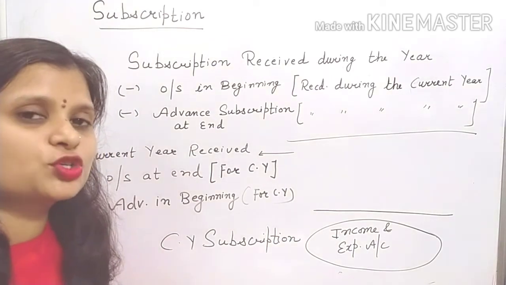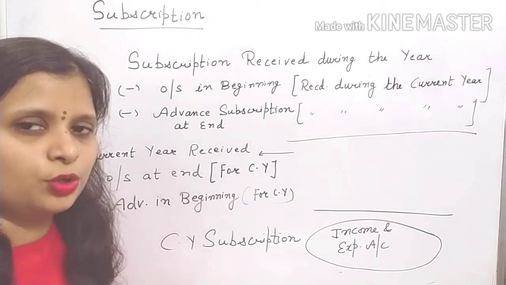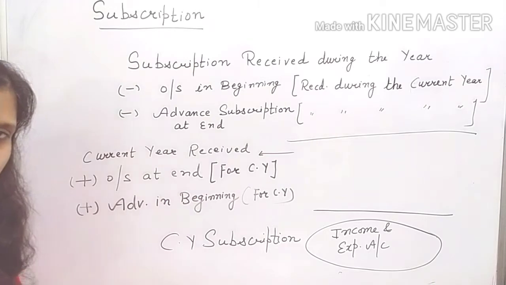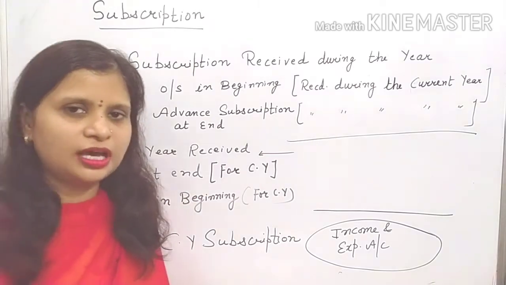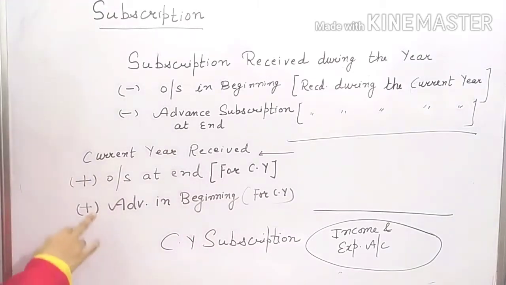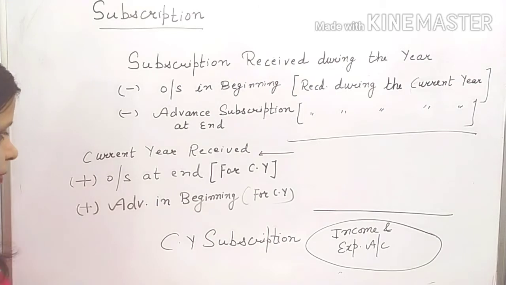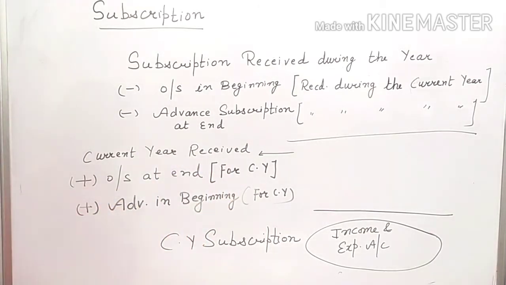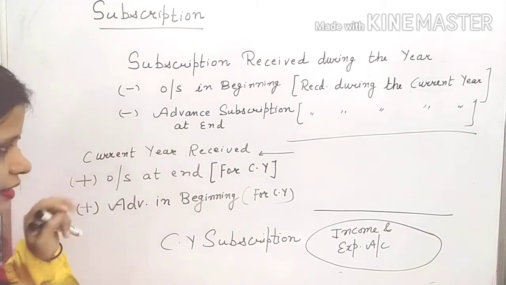And what we have to show in the income and expenditure account is not only the subscription received; whatever amount belongs to the current year will be shown. So if some amount of the subscription for the current year is still to be received, that means outstanding at the end, that will be added.